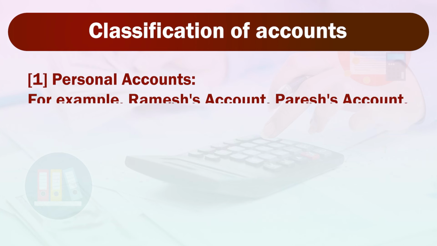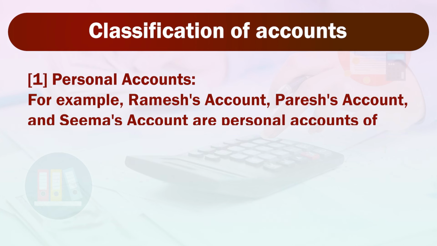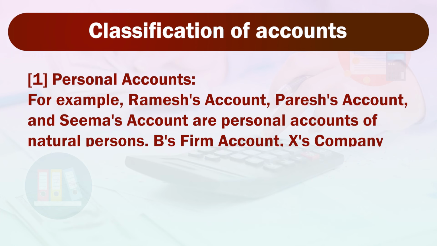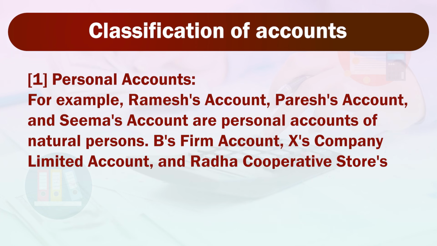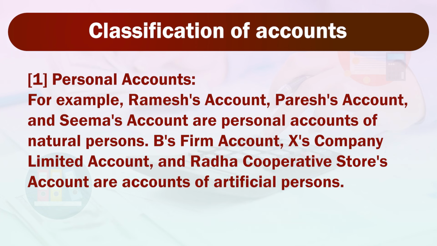For example, Ramesh account, Paresh's account, Seema's account are the personal accounts of natural persons. For example, B's firm account, X limited company's account, and Radha cooperative store account are accounts of artificial persons.